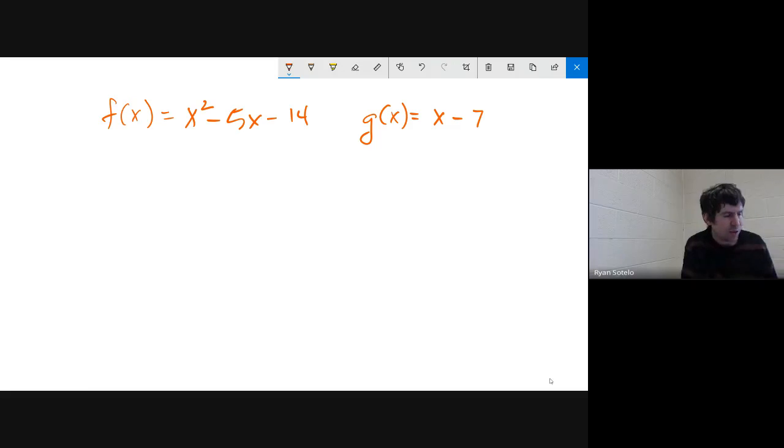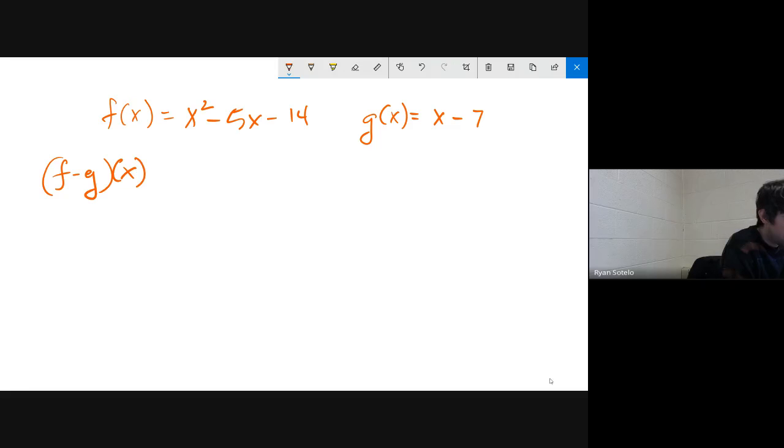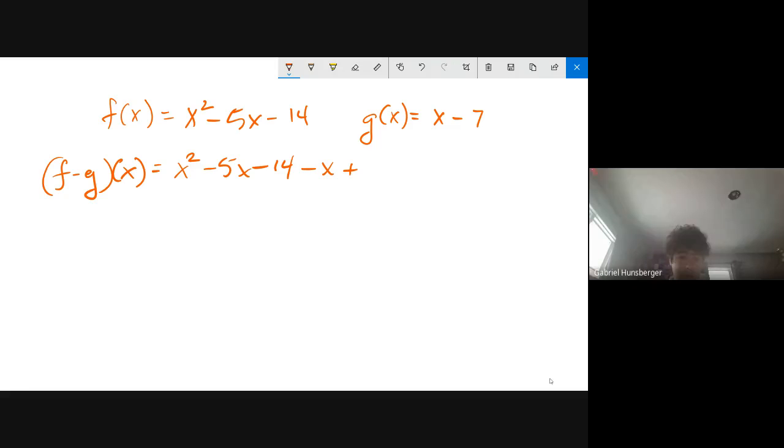All right. So if you have f minus g, they might write it this way. So put the f, and then you're going to subtract g. Subtracting basically means you have to put the x minus 7 in, but you have to flip the signs because you're subtracting it. So I'm going to say minus x plus 7.